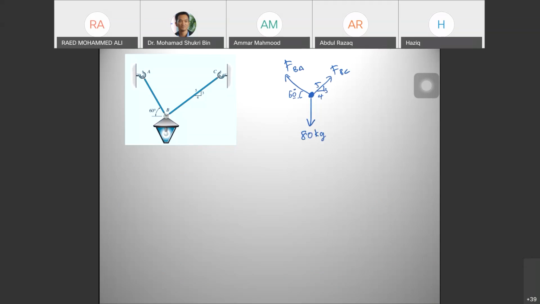Like you do in chapter 4, summation of Fx is 0. So minus FBA cos 60 degree plus FBC times 4/5 is equal to 0.